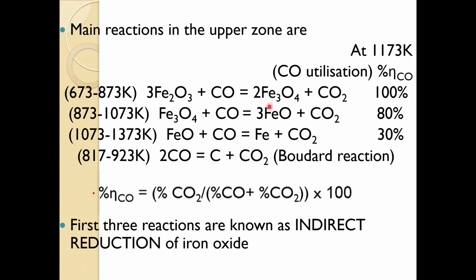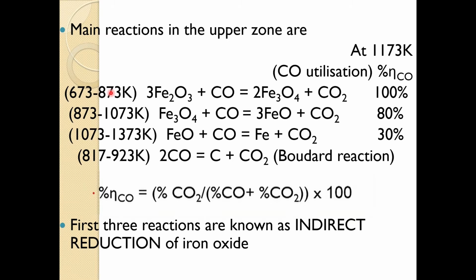So the utilization of carbon monoxide, in terms of percentage of CO efficiency, is 100% for the first reaction, from hematite to magnetite, in this region up to 873 K, about 600 degrees Celsius.